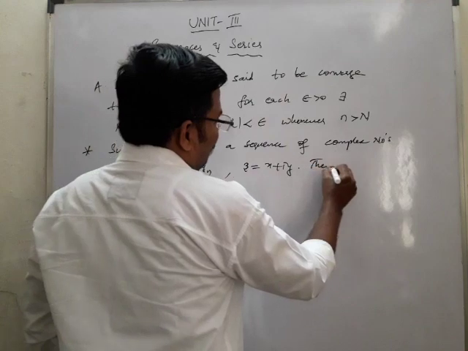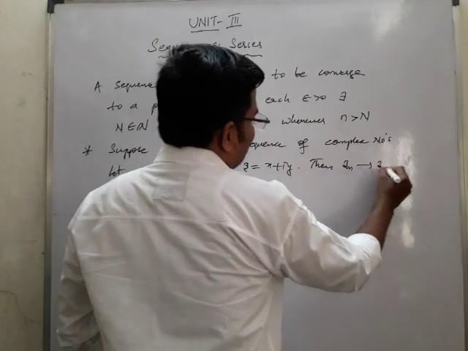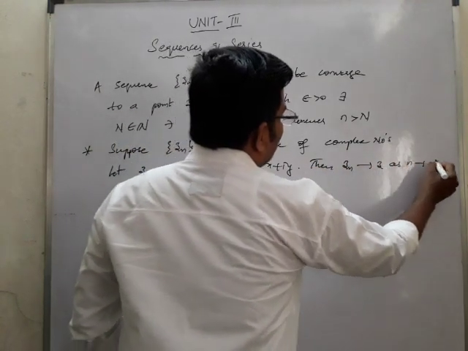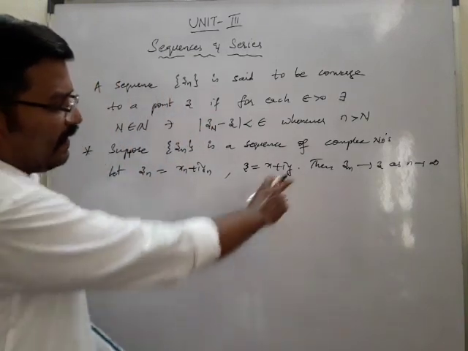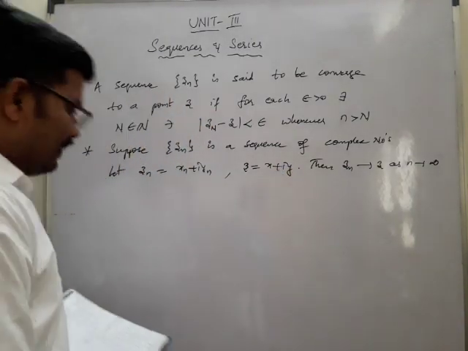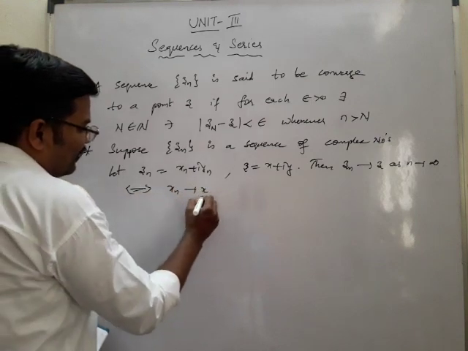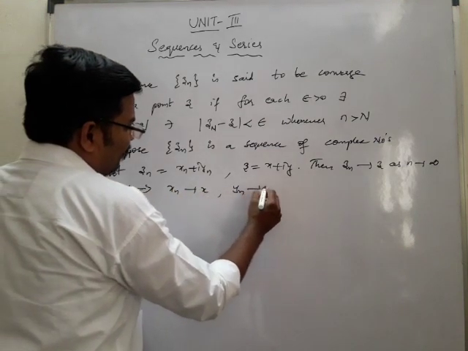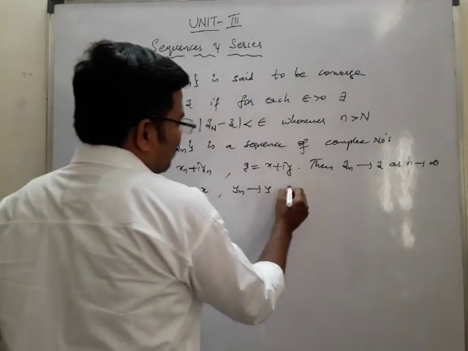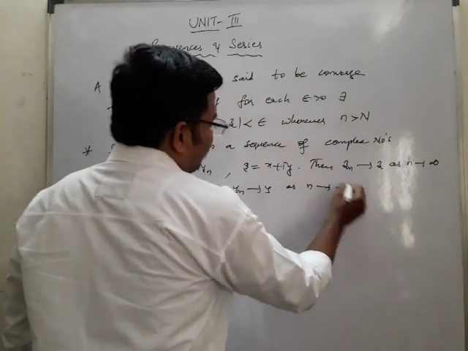Then Zn tends to z as n tends to infinity. That implies xn tends to x and yn tends to y as n tends to infinity.